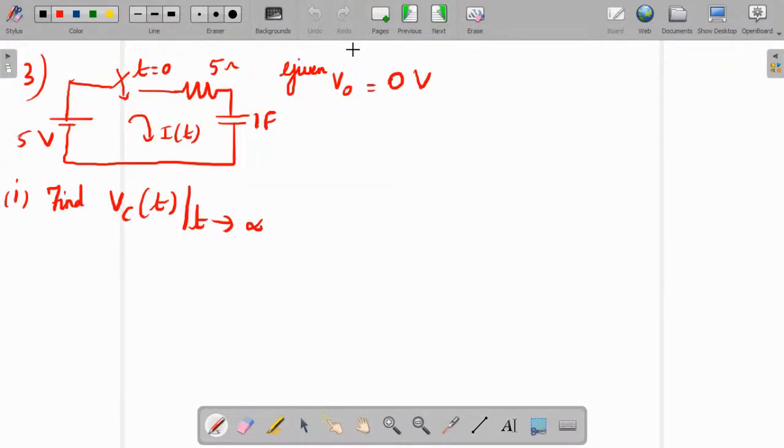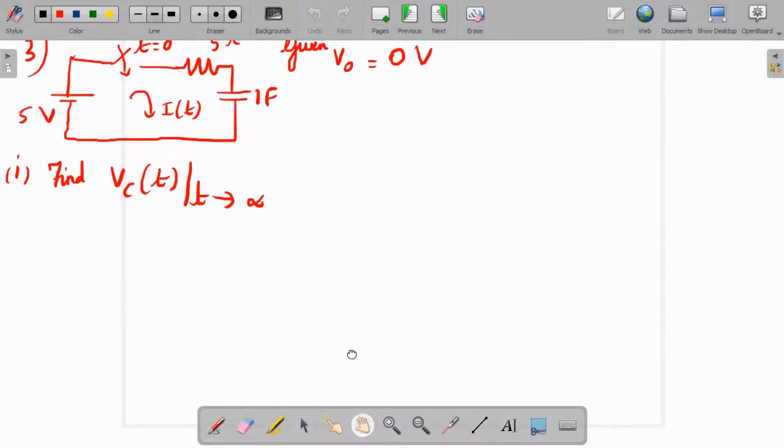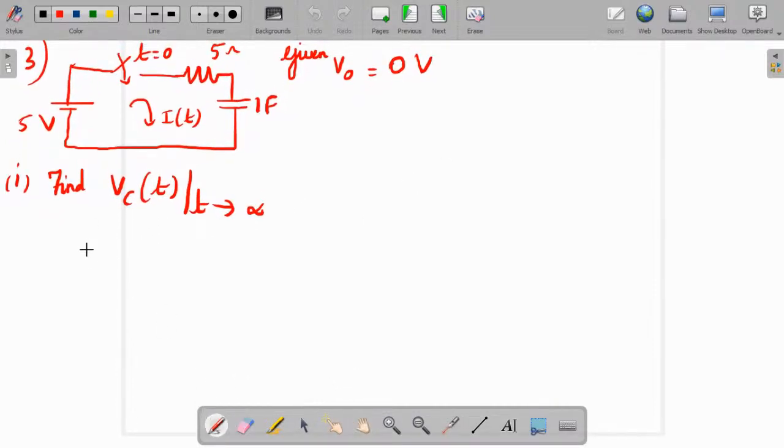Next question. Okay, given an RC circuit. What have they given here? The initially stored voltage is 0 volts. Find VC of t as t tends to infinity. Right, so in steady state the capacitor acts as an open circuit. Then how will the circuit look?